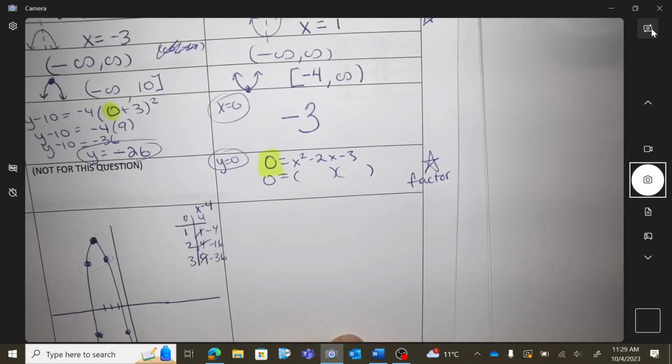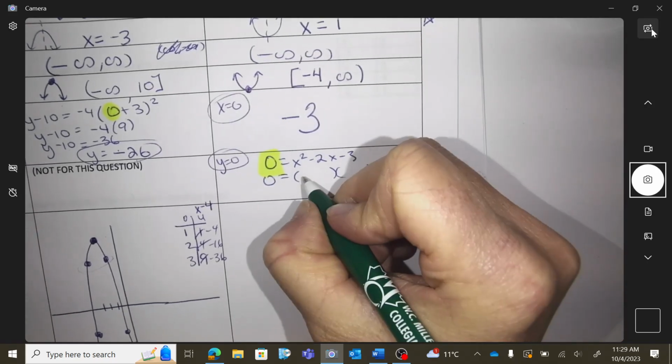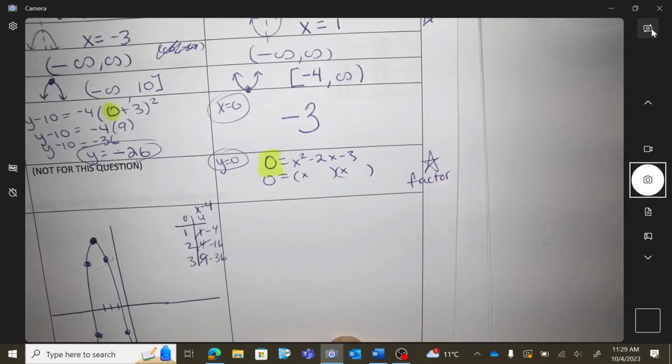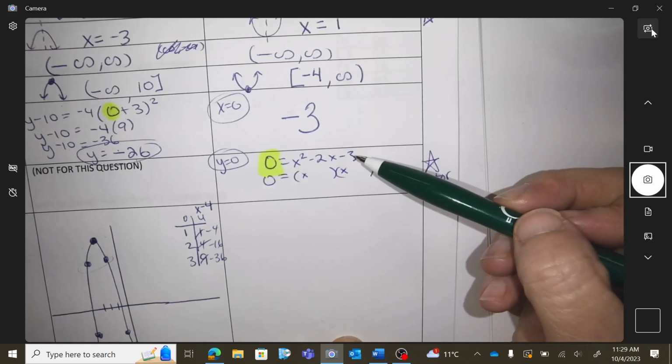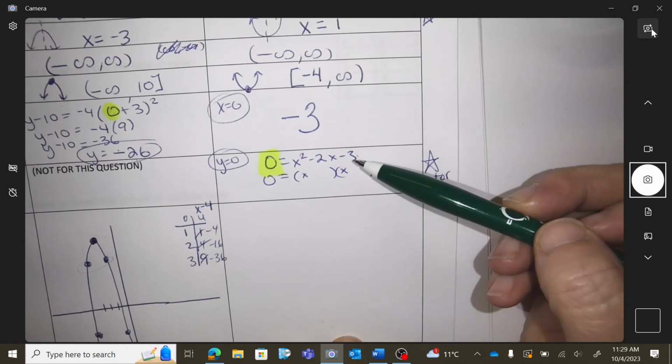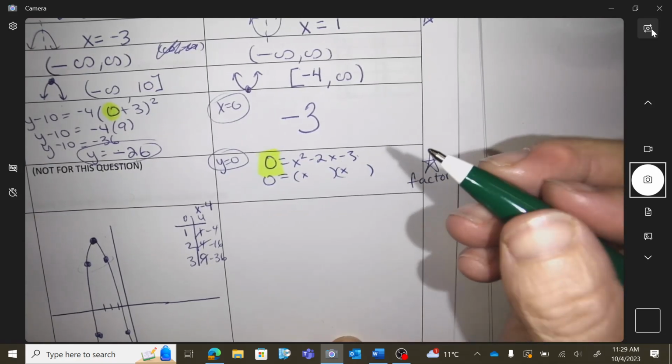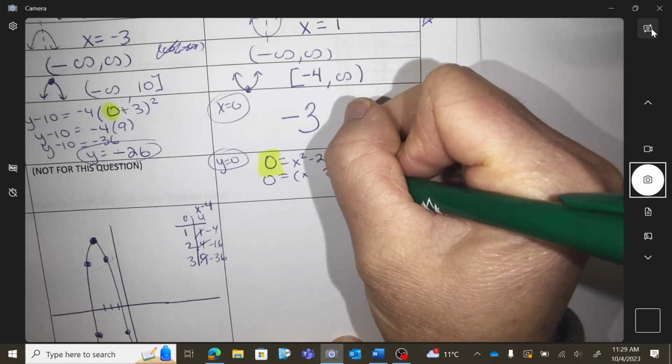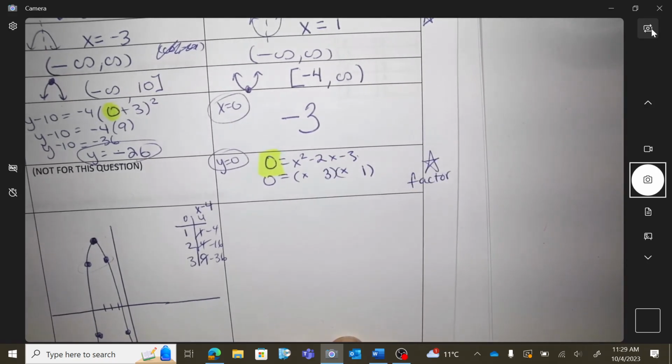So I'm going to go 2 brackets. This would have to start with an x and an x. And then do you remember your rules? Multiplies to the end, adds to the middle. So 3 times 1, that's all you got.